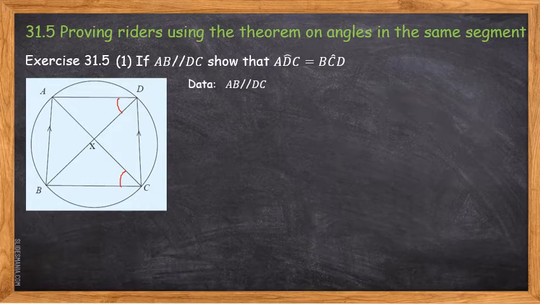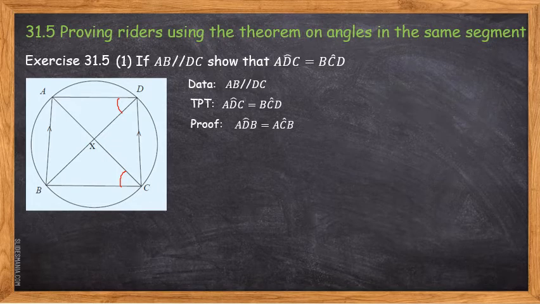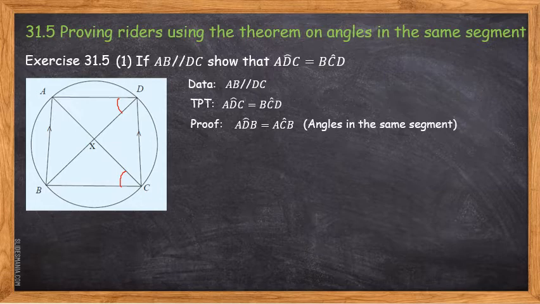Data, we can write AB is parallel to BC. Then to prove that ADC is equal to BCD, let's write first these angles, ADB angle is equal to ACB angle because they are angles in the same segment. Right.